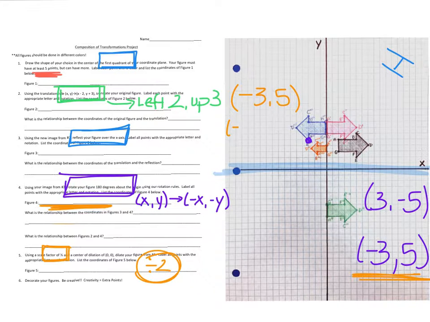So dividing by 2, that would be -1.5 and 2.5. So I came to my coordinate plane, I went back -1.5 and up 2.5, which is why point E ended up right here at -1.5 and +2.5.